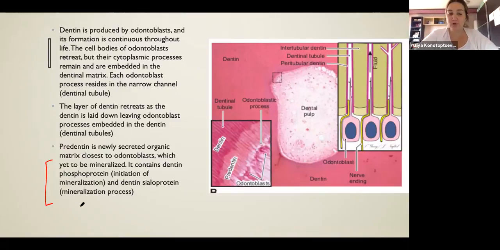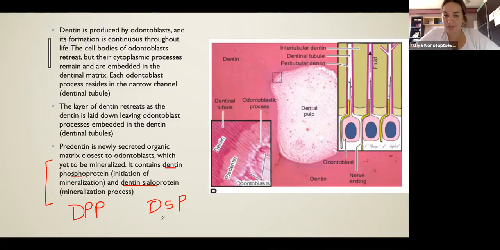These organic proteins are known as the dentin phosphoprotein. Sometimes in the self-control test, they say DPP. They don't give you the whole name, they just say DPP. And dentin sialoprotein, another name, DSP. So remember that your predentin and dentin, in addition to collagen type 1, also have two more proteins, which are called DPP and DSP.